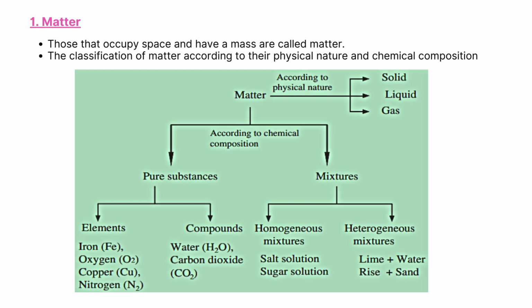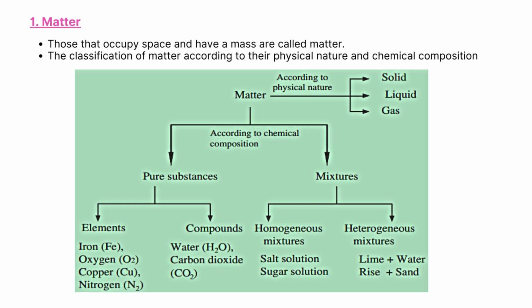Elements are the pure substances which have definite properties and cannot be divided into smaller independent components with definite properties by physical or chemical methods. If we take iron as an example, you have a piece of iron rod. By applying a physical change or a chemical change, you can't convert it into a different substance that has specific properties. If you divide it, it's still going to be iron, so it is known as an element.